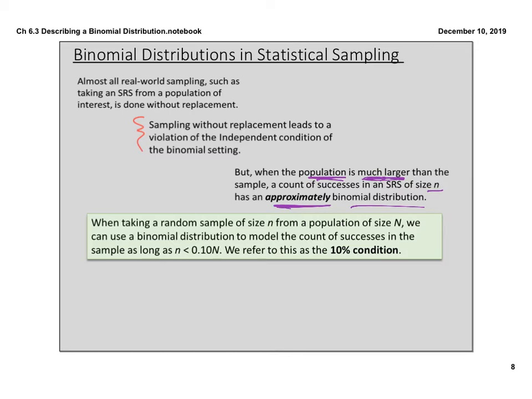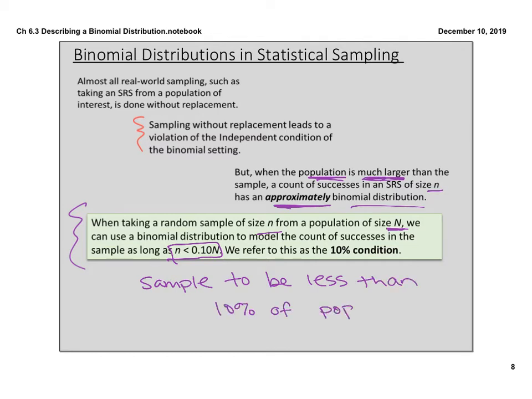So here's what you have to check. We call this the 10% condition. It says when taking a random sample of size n from a population of capital N, we can use the binomial distribution model to count the number of successes in the sample as long as our sample is less than 10% of the population. We have to check that 10% condition.